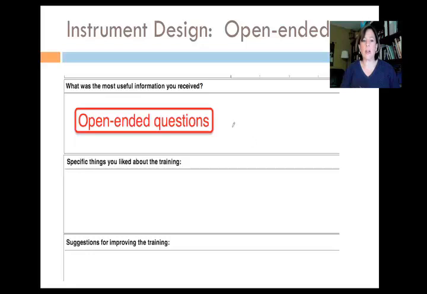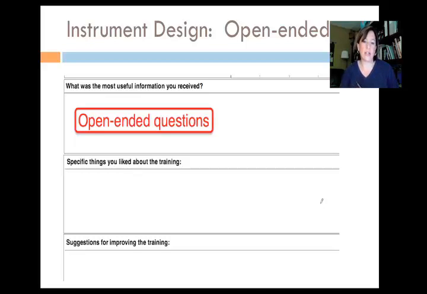But when we ask questions that are open-ended like this, they are asked in such a way as to try to elicit more of a response, more information from the respondent. The responses are individualized.